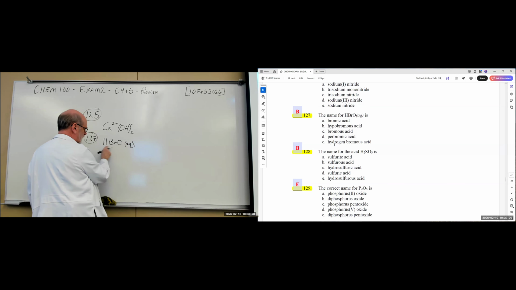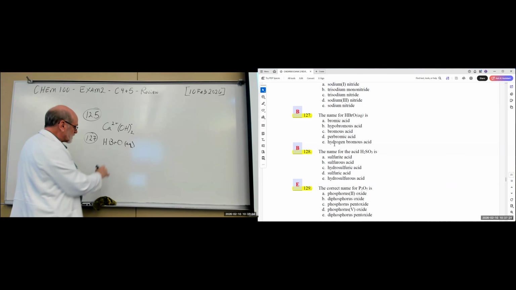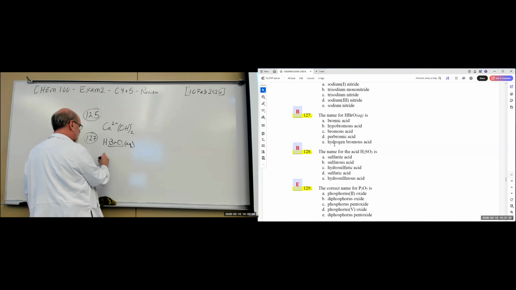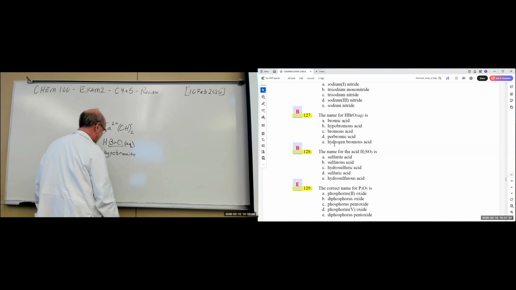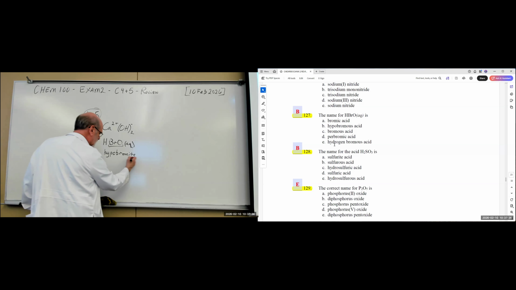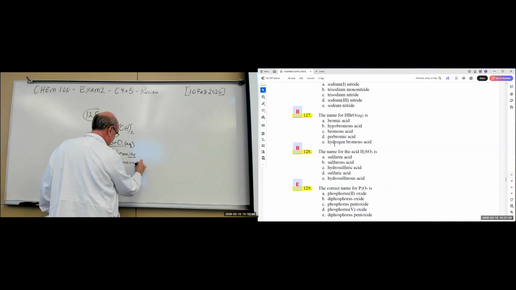Aqueous with a hydrogen, so we don't start with hydro. We look at this part of the molecule. What is that? That's hypobromite. So we say ite becomes ous. That's hypobromous acid.